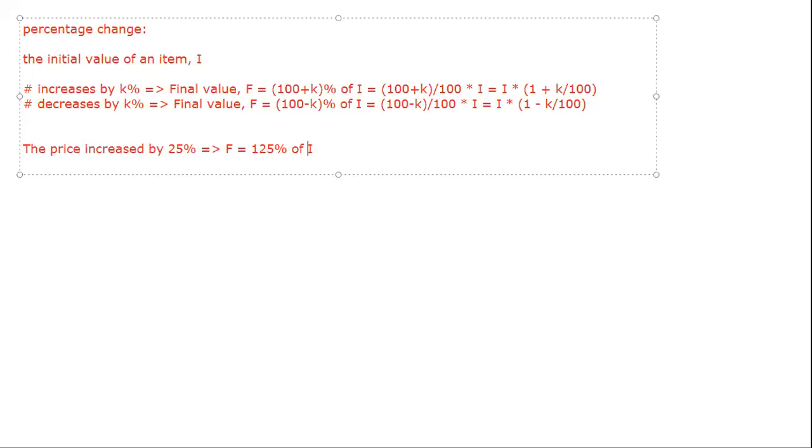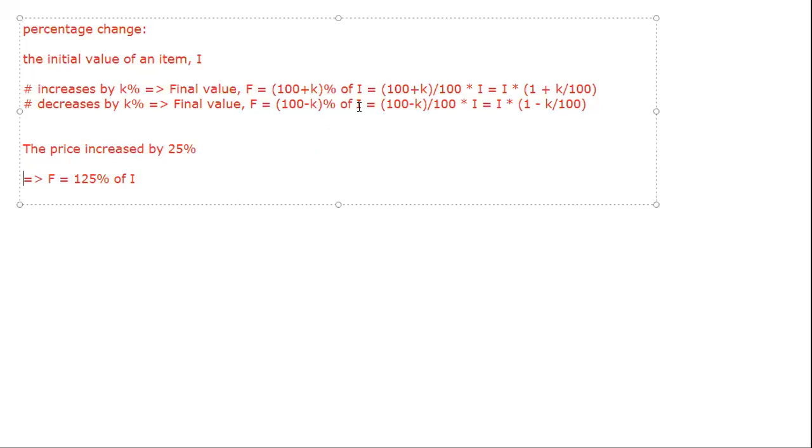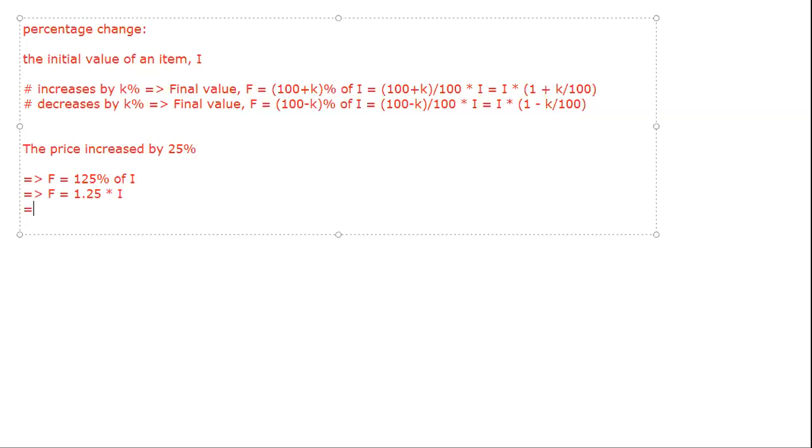Or you can write it as the final value is 1.25 times the initial, because 125% means 125 upon 100 only. Or the other way of writing this could be that 25% is 1/4. So a 1/4 increase means 1 plus 1/4 of I.